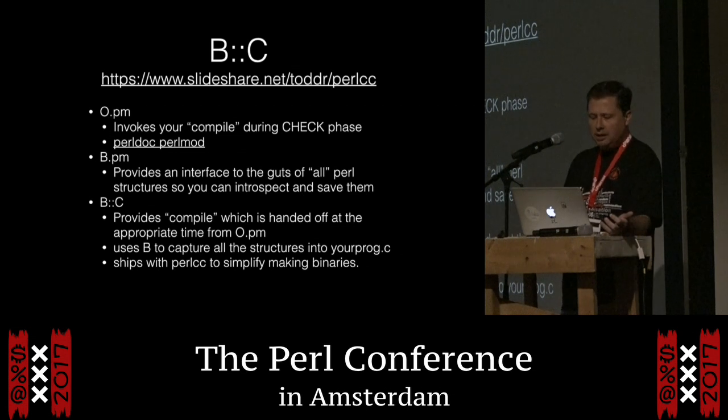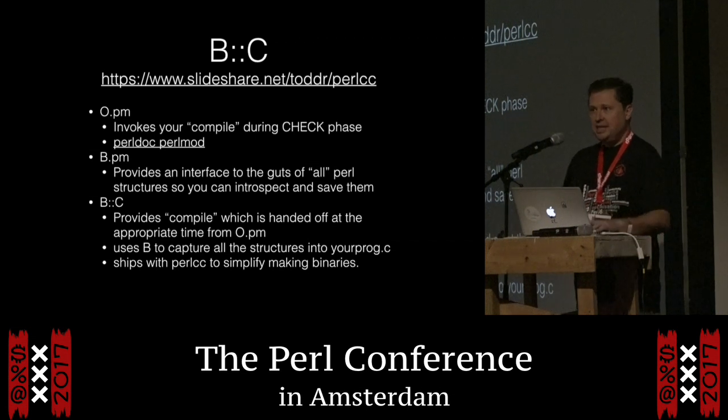BC is what I've been working on for the past year or so. And BC provides the compile subroutine that O invokes, and we use it to inspect the entire state of what's been compiled by the Perl parser, and then we turn it into arrays of C structures, which, when you rerun that C binary, recreates a pseudo compiled program, at which point we just do perl_run, and it gets up and going.